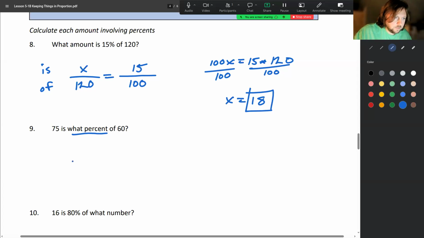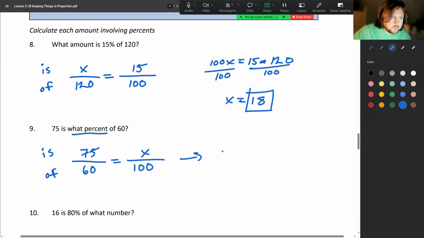All right, so set up my proportion. I got my free space. It says what percent. So the number over the 100 is what we don't know. Okay, over here it's is over of. So of 60, 75 is, and then I cross multiply. So I get 60x equals 75 times 100.